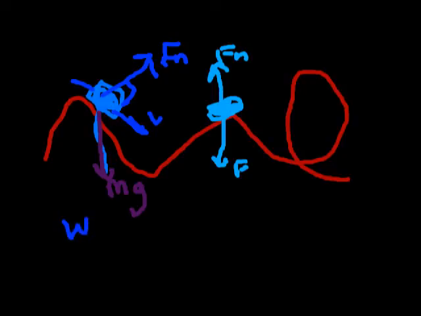We also know that the work done by any non-conservative force equals the change in energy. So if the work done by a non-conservative force equals 0, then you have conservation of energy.